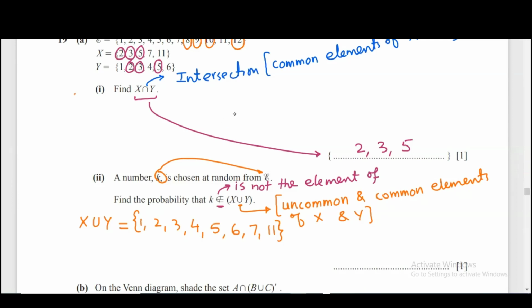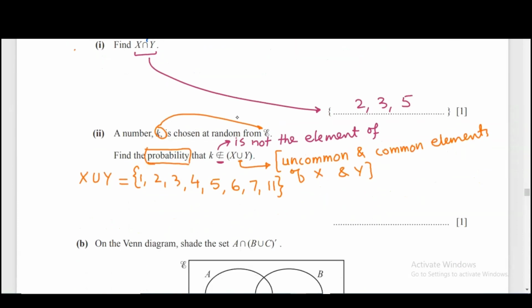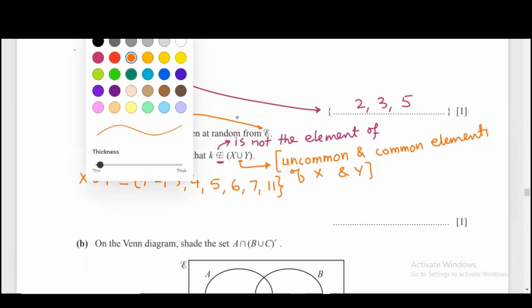So there are 4 elements out of 12. What is the formula of probability? You will find the topic of probability in the upcoming videos, so in the meantime I'm going to write the formula for probability here.